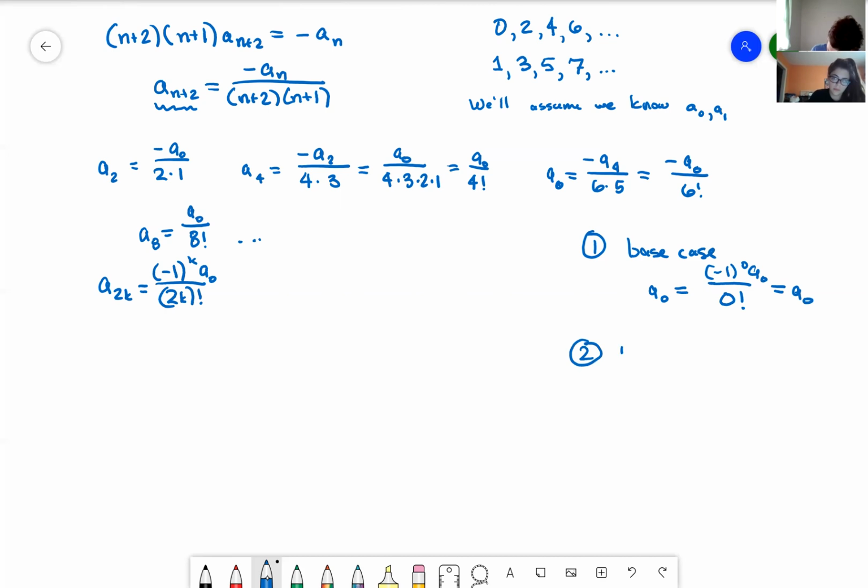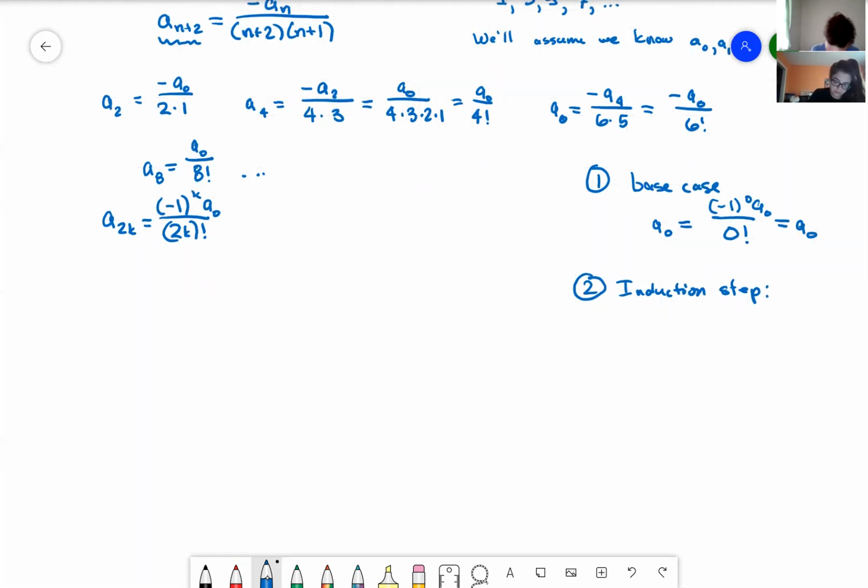Now the induction step is to say, let's say we know it for some values. We'll assume that it's true for previous values, and then we'll use that assumption to show that it's true for subsequent values. So how does this work?